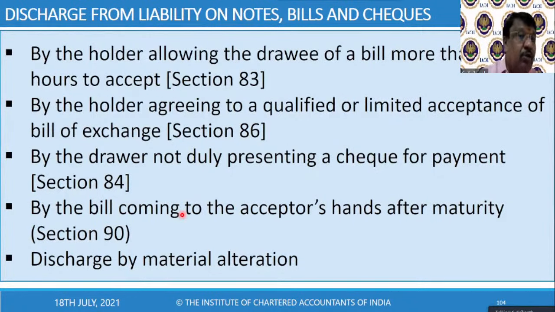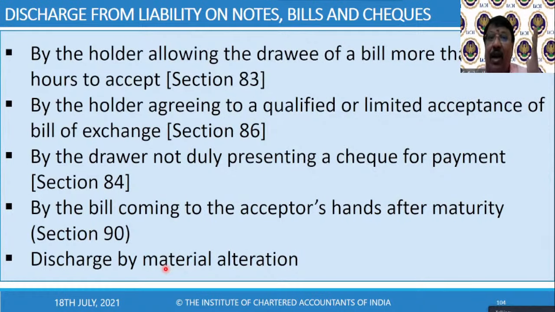Now, discharge can also happen by material alteration. Friends, combine this with your knowledge of the law of indemnity. Remember, if there is any understanding between the principal debtor and principal creditor without the consent of the surety, the surety is discharged. Are you able to understand? Same concept. Who is the surety here? Drawer.